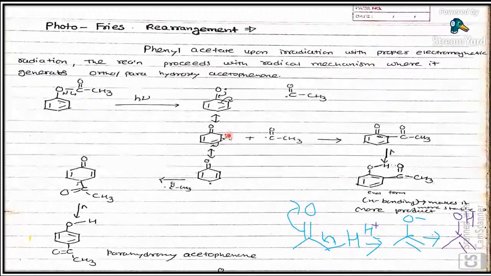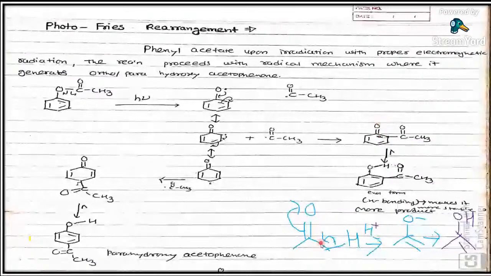Now there are two possibilities. This radical can combine with the COCH3 radical and give you this species. It is a keto species, but here the double bond will not be there. So to get the stabilized six-membered ring structure, we have to convert the keto form into the enol form.